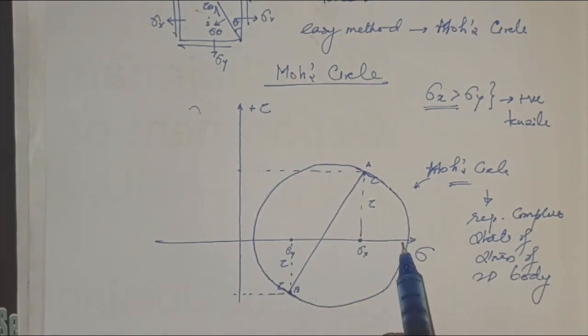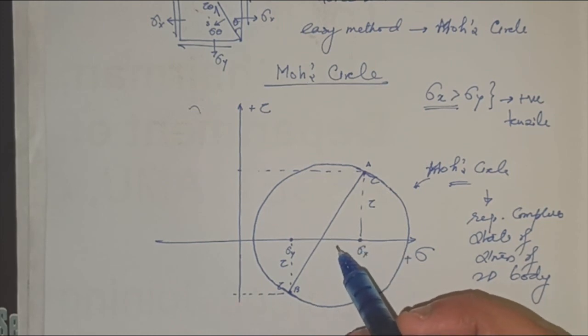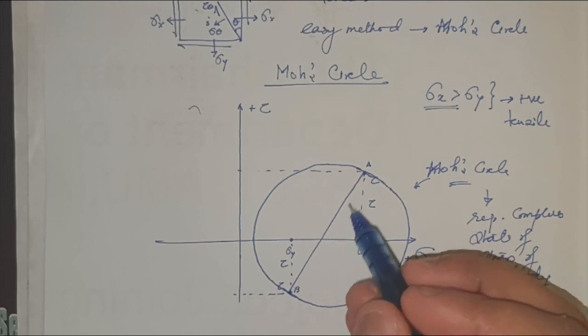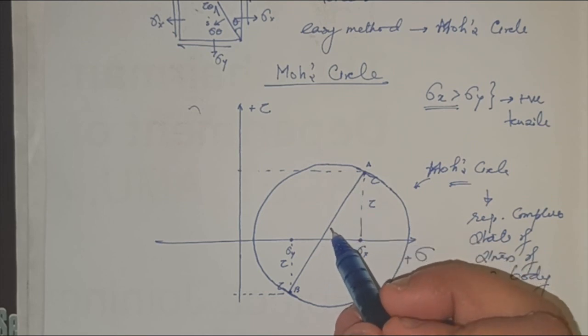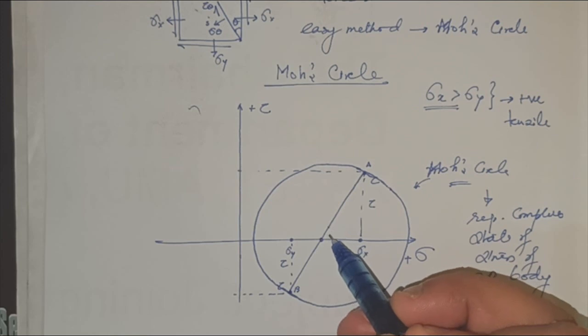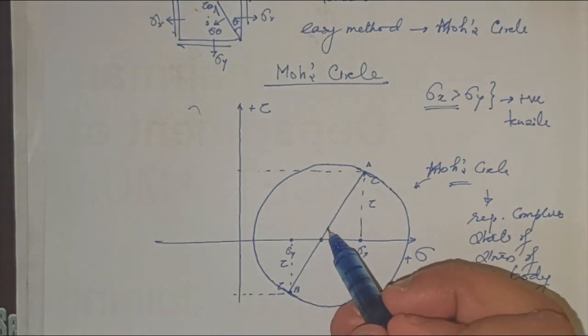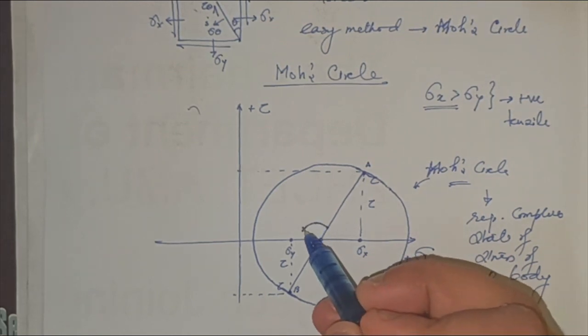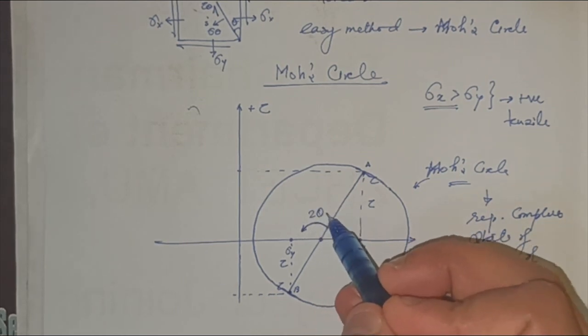So from the baseline, your Mohr circle angle will be like this. From this line, which is the diameter, consider an anti-clockwise rotation, and let's say this becomes 2 theta.